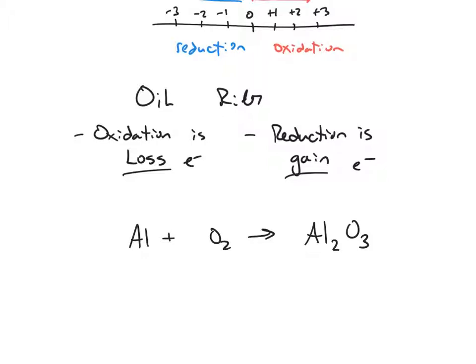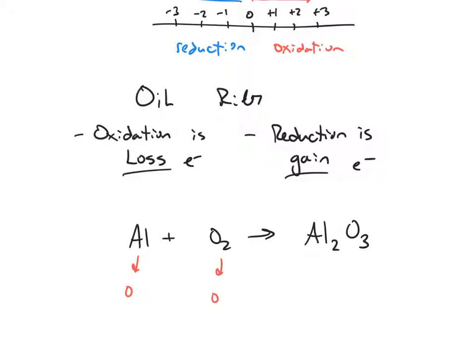And there are some rules that we talked about in the past, but the rules are still in effect here. The rules are basically, first, any element or diatomic molecule in its standard state is 0. So for aluminum, it's 0, and for each oxygen in diatomic oxygen are 0.